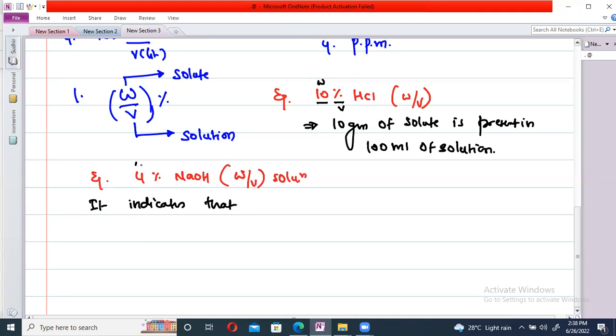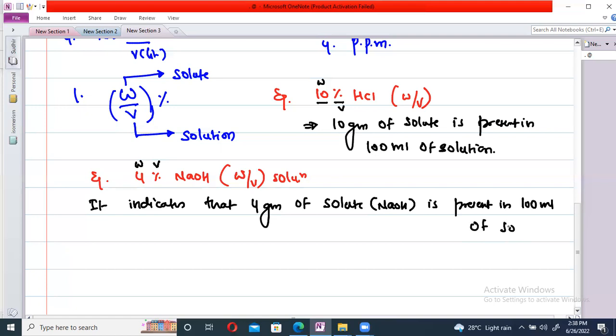So this number is W, percentage is V. So it indicates that 4 gram, because W is in gram, 4 gram of solute, that is NaOH, is present in 100 ml of solution, because percentage means 100 and volume is in ml.